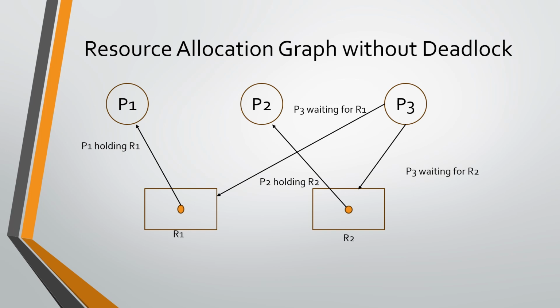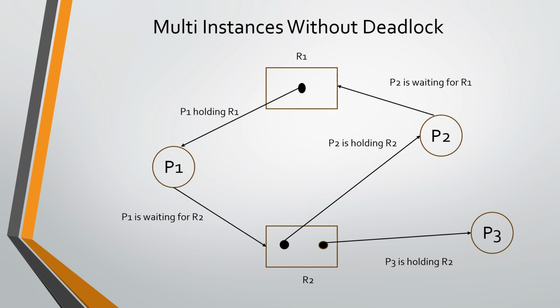Next, another example on multiple instances without deadlock. In this graph, we have taken multiple instances in resource R2. P1 is waiting for R2, which means it needs both the instances. But P2 is holding one instance and P3 is holding one instance.